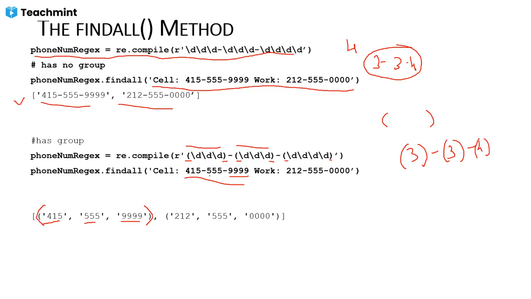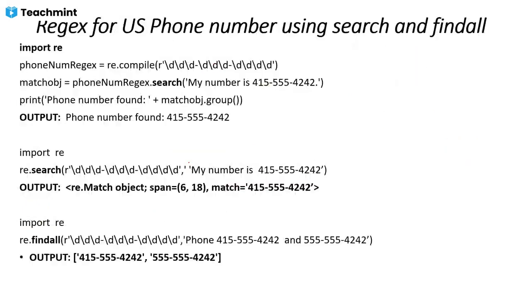These individual groups become part of the tuple. Like that, for the other phone number, the first group, second group, and third group again form a tuple. These two tuples are returned in the form of a list. So this is the purpose of grouping.